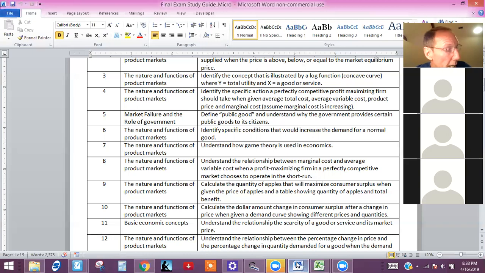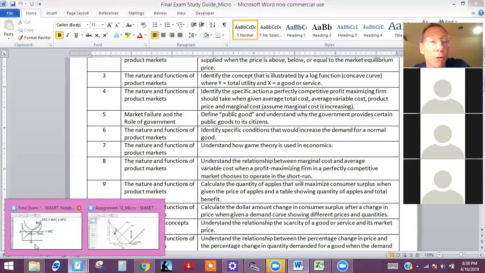How can I show you this without giving you the answer? If you have a graph or a table that shows quantity of apples and total benefit, you're going to want to be able to look at it and figure out what the marginal benefit is. Okay, so let me just show you real quick.